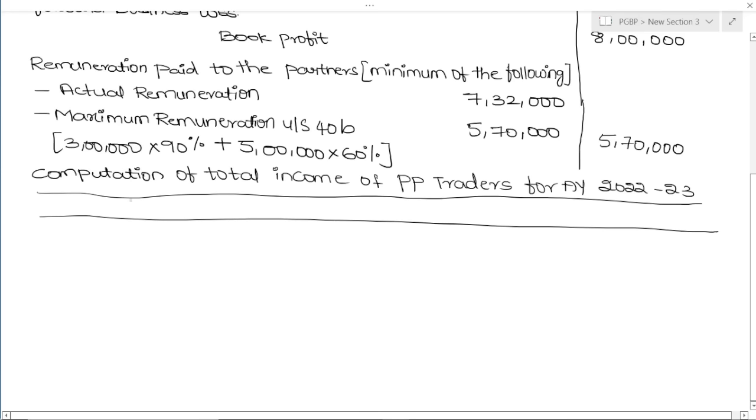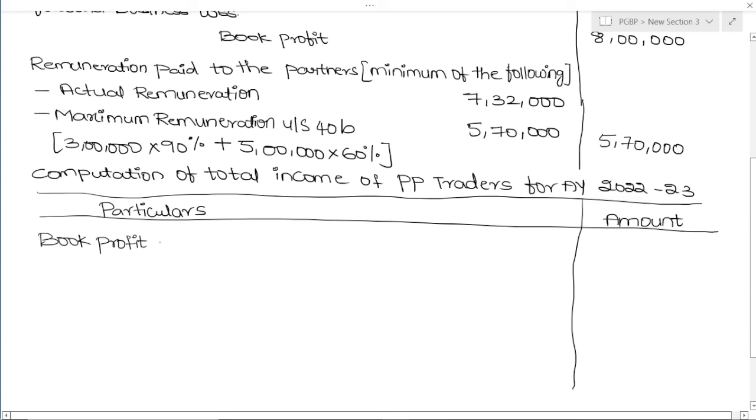And I already said that unabsorbed depreciation we deducted, that is only for computation of book profit. It has nothing to do with computation of total income, but all other adjustments had. So we will always take here book profit before adjusting unabsorbed depreciation. So particulars, amount, everybody drawn the table.